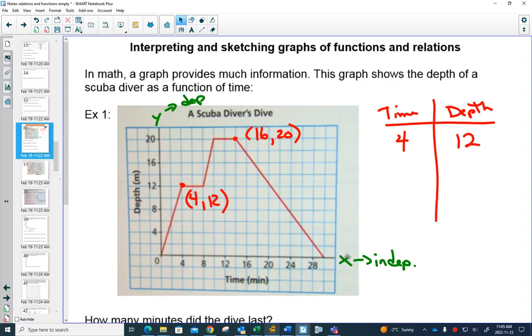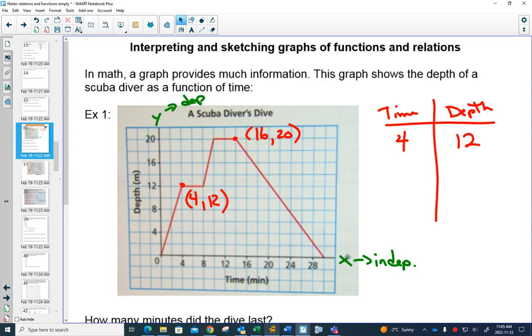Then what happens from 4 minutes to 8 minutes? They see something cool, maybe they're walking on the ground, they stay at 12 meters deep, and then at 8 minutes, they come to a cavern in the ocean, and they're like, ooh, this looks cool, and they dive down again.